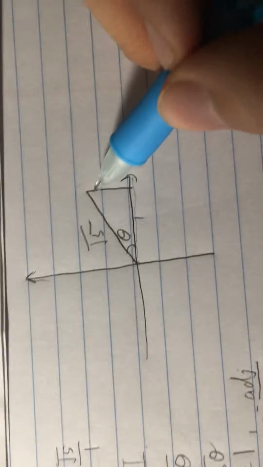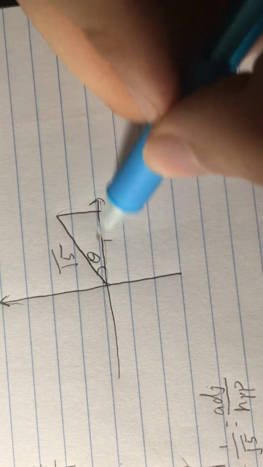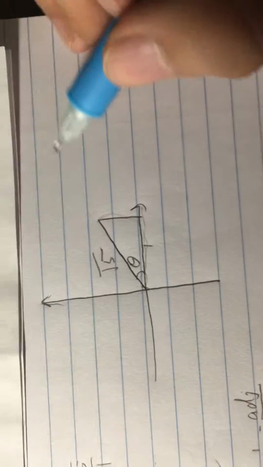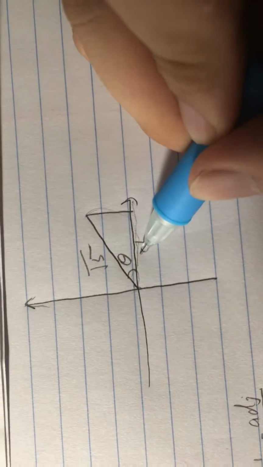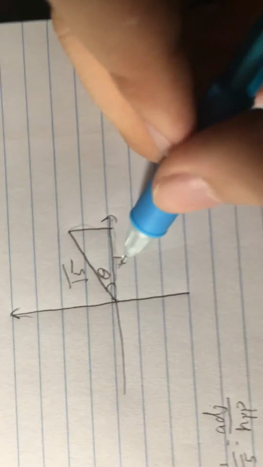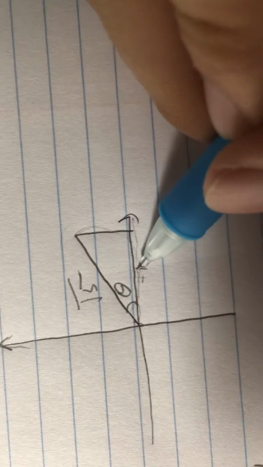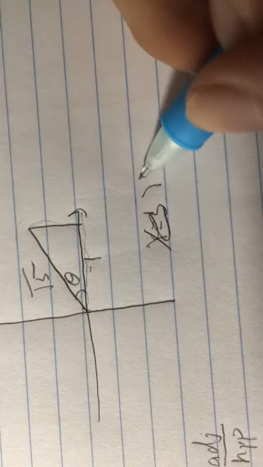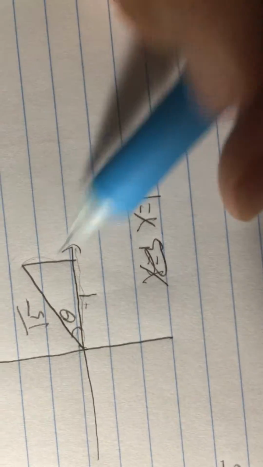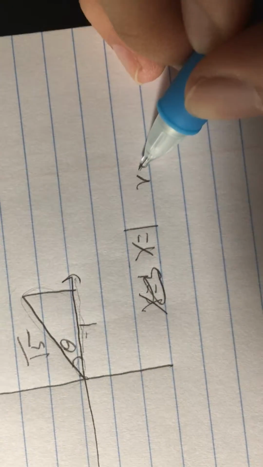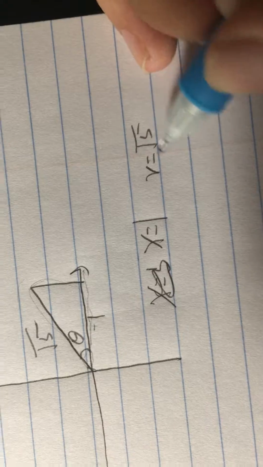So the x value and the y value should be positive, and so it should be positive 1. We don't really need to write the positive mark, so we just write 1. And we know the x is equal to 1, and the radius is equal to square root of 5.